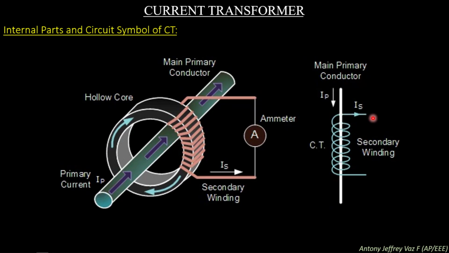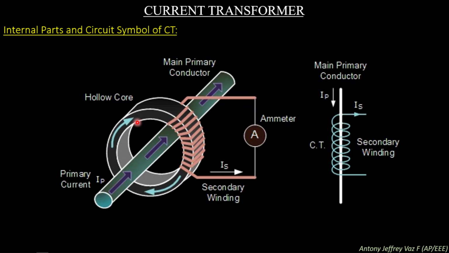So in the secondary side, the current IS will be lesser than the primary current, which is IP, flowing in the main conductor, which is needed to be measured.